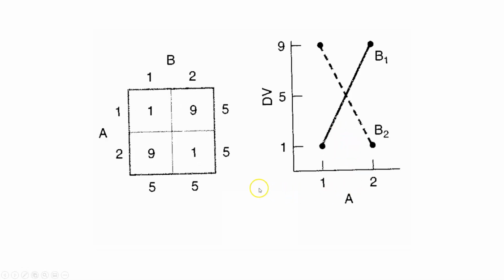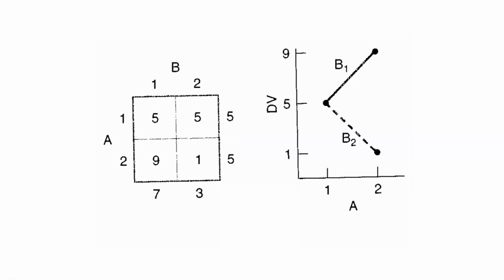All right, work through this one. Okay, there's no main effect of A, no main effect of B, and there is an interaction. These are the same, these are the same, and this is not parallel to each other. So there is an interaction, but there's no main effects of either condition.